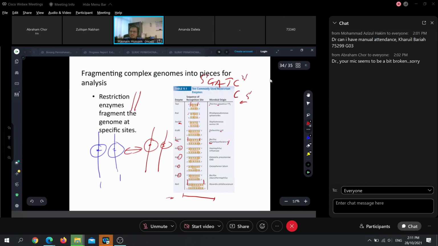So it will be G, this one A, this one T, this one C. You can see the reading from 5 to 3 on both strands is the same, GATC. They are all the same. So these are called palindromic.